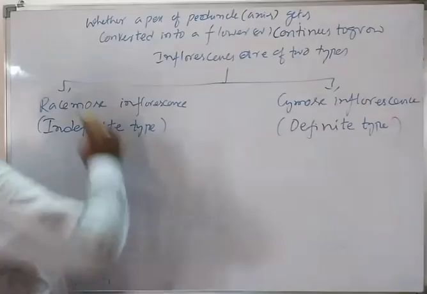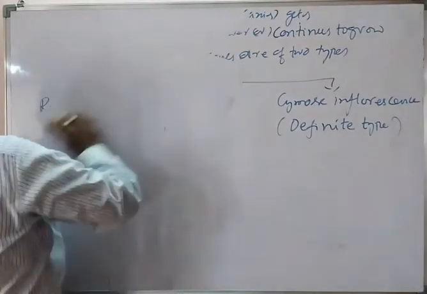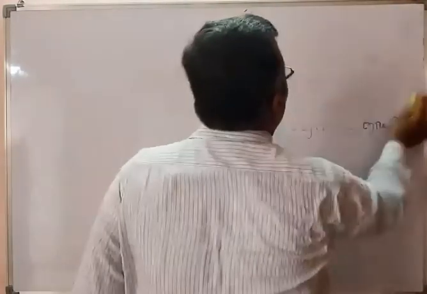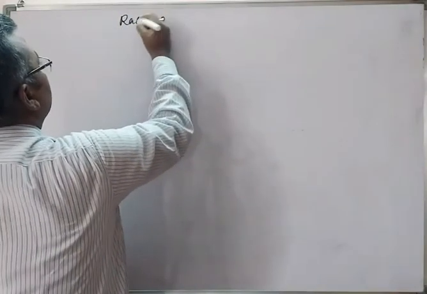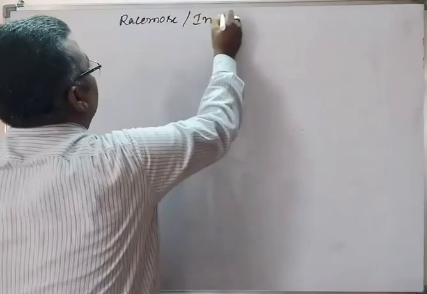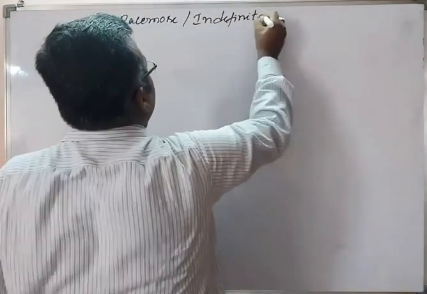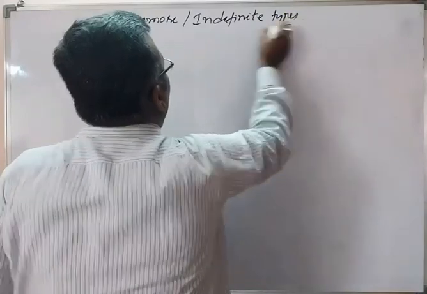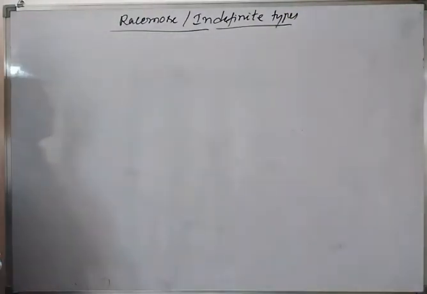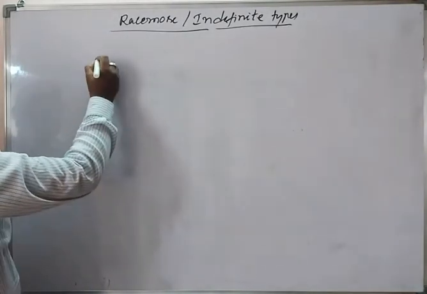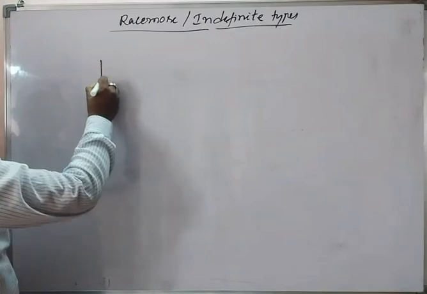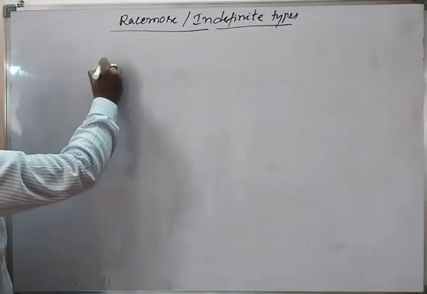Okay. Now, I'm going with the racemose or indefinite types. Racemose inflorescence, please listen to me carefully here. Racemose inflorescence, growth and development of peduncle is indefinite.